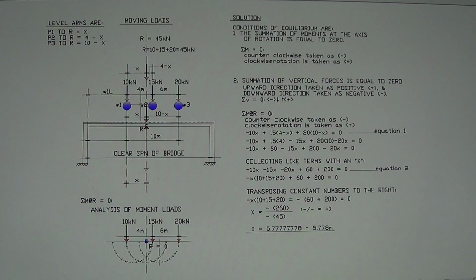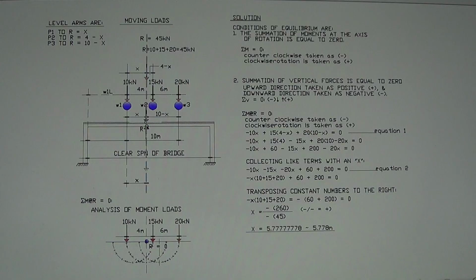The position of these 3 wheels depends on the distance of the first wheel to the support of the bridge. Alright, so W1L is the distance of the first wheel to the support. So this moving load moves on top of the bridge.